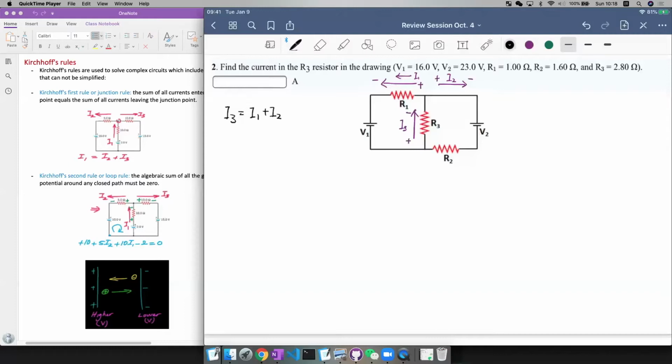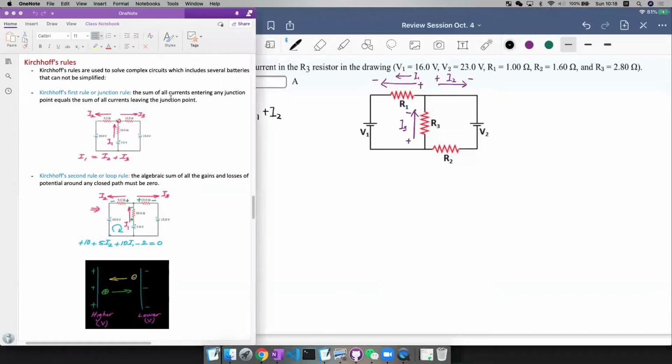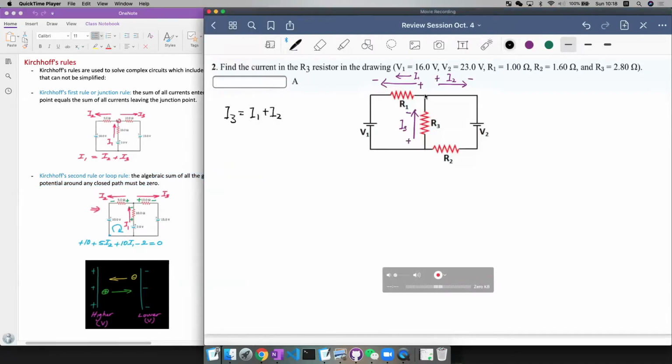Oh no, you cannot do that because the first rule says all the currents entering any junction point equal the sum of all the currents leaving. So my setup is that this is the junction point, and the only current entering this junction point is I3. So we need to put all the currents entering the junction point on one side and all the currents leaving that junction point on the other side.